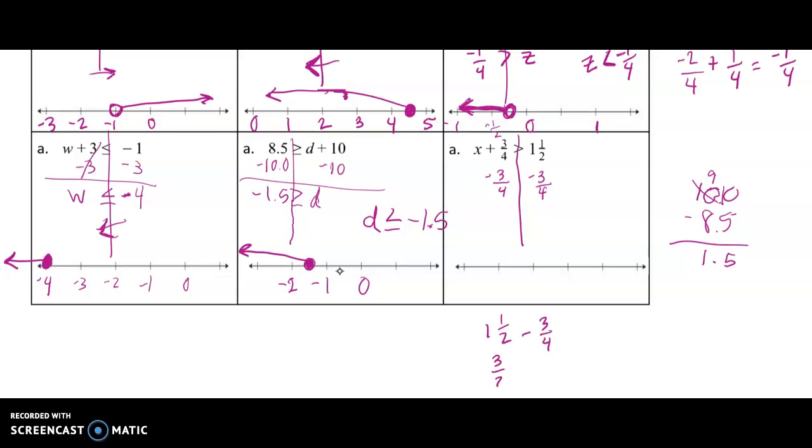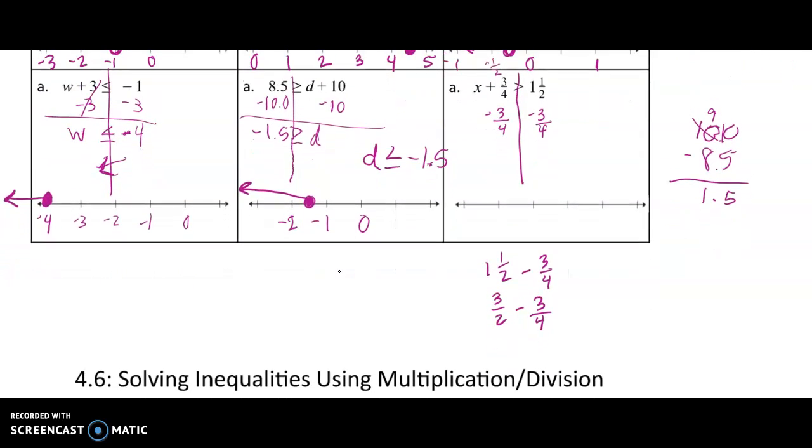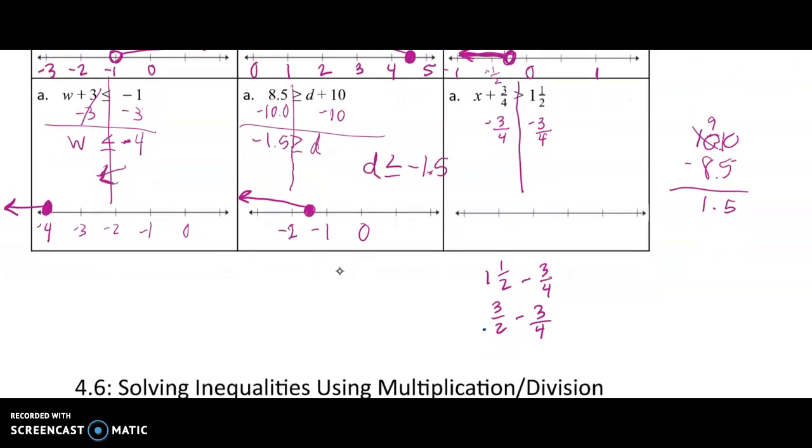So I have 3/2 minus 3/4. I need to make a common denominator, so let's multiply by 2. So I get 6/4 minus 3/4, and that gives me 3/4. And so we have 3/4.